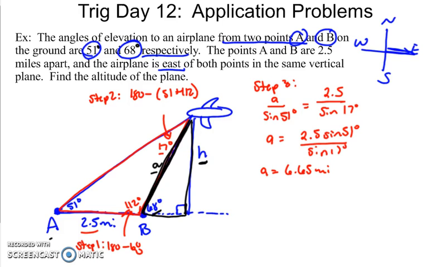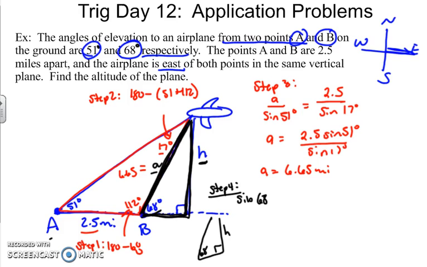So now that I know that this length is 6.65 miles, now we can use the right triangle trigonometry, which SOHCAHTOA only applies for right triangles. So I can use the sine, so this is like step 4. If I do the sine of 68 degrees on that triangle, this side is what we're looking for. We know this side is a stored number in our calculator.